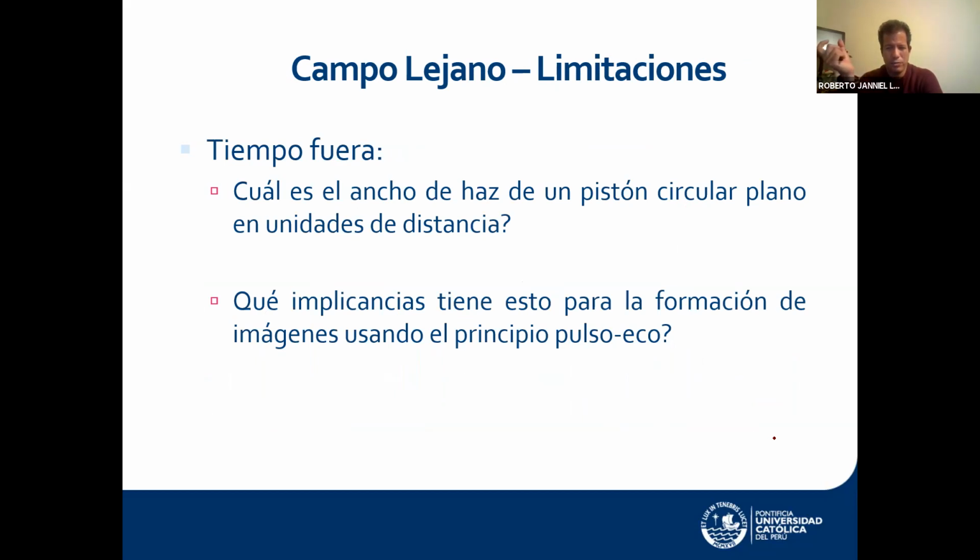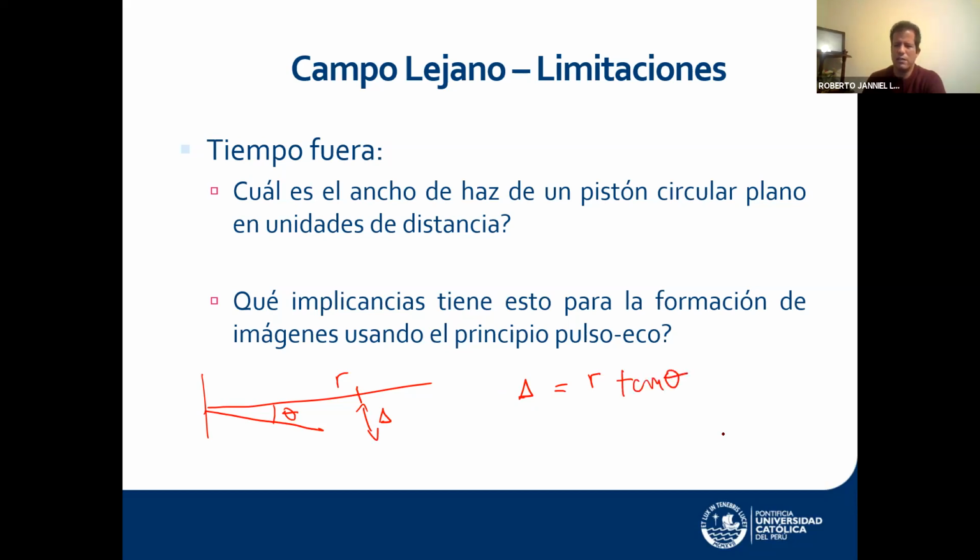Something like this, and there is an angle theta, and I'm at a certain distance r, and then there is this delta over here. So delta should be equal to r times tangent of theta, hopefully I'm right, because I always get confused with this.